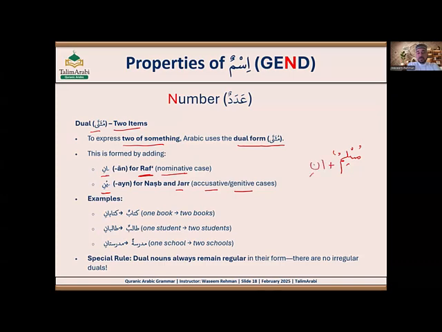Joining meem with alif, this becomes Muslimani. That is for rafa status. But if you are making nasb or jar status, then you don't add ani, you add aini, like ya and noon kasra, so Muslimaini.